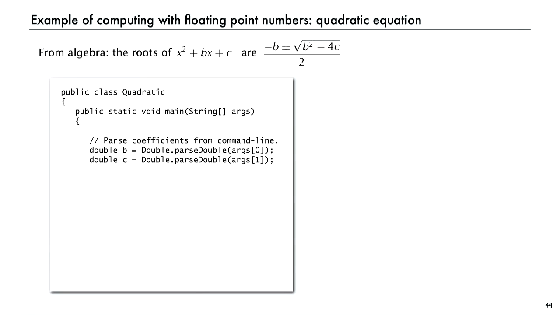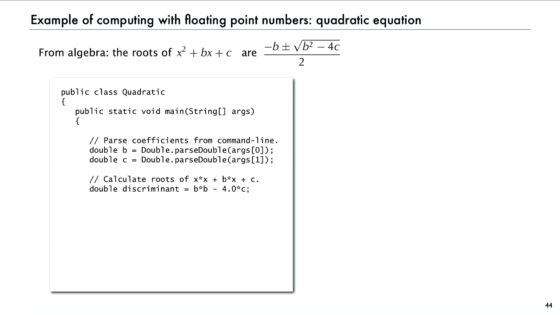So we take the two things from the command line and put them in b and c, and then we do the quadratic formula. So first we compute b squared minus 4c. That's going to be a value of type double that we call discriminant, and we write the expression b squared minus 4c.